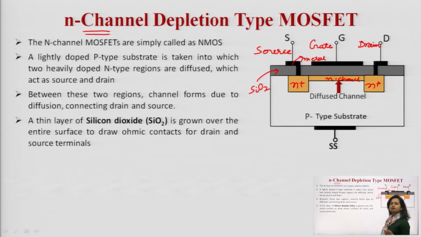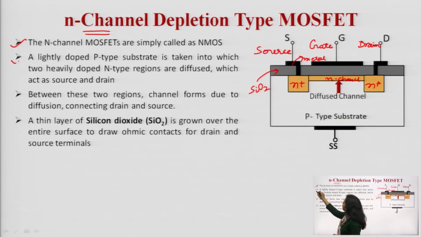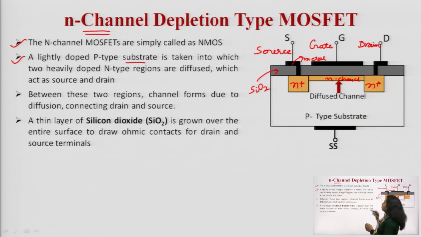That is why it is known as an N channel depletion type MOSFET. N channel is simply known as an NMOS. Here a lightly doped P type substrate is taken, into which 2 heavily doped N regions are diffused, and these N regions are source and drain.